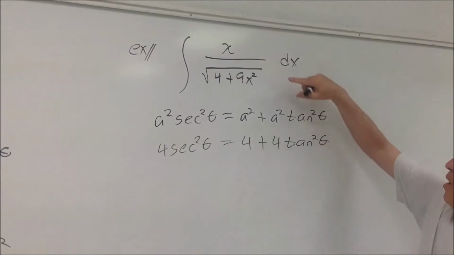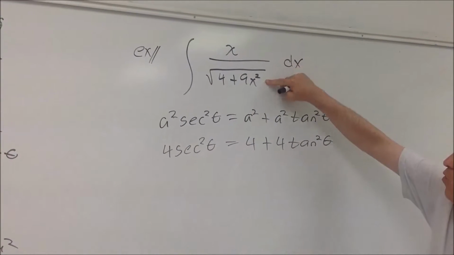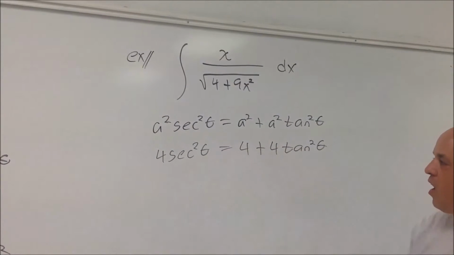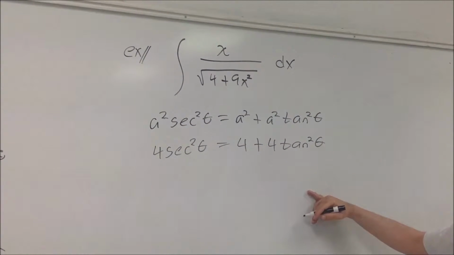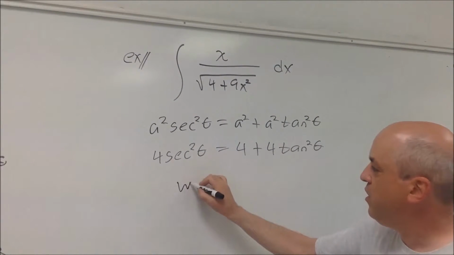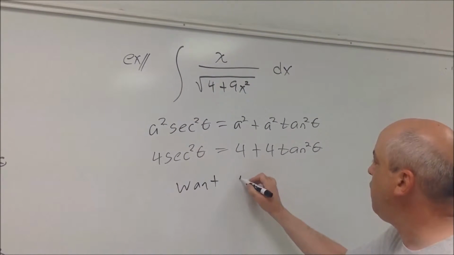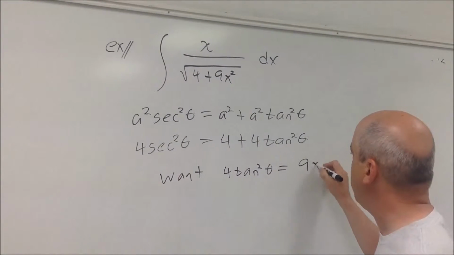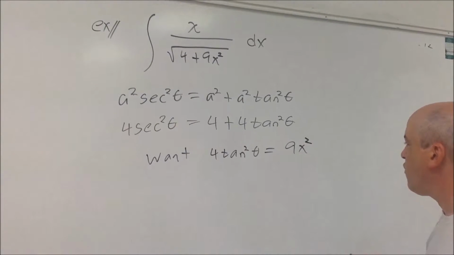And now I would like to make this portion under the square root look like the right-hand side of the identity, so I can replace it with the left-hand side and take the square root. So I need 4 tangent squared theta to be the same thing as 9x squared. What should I change x to?